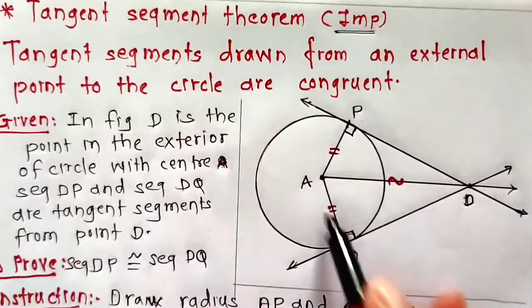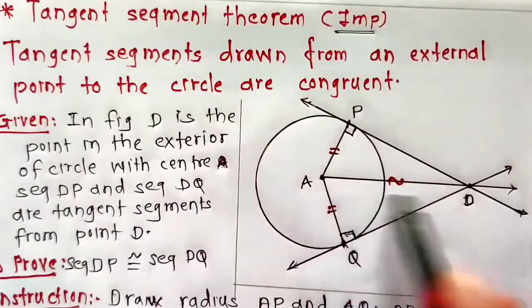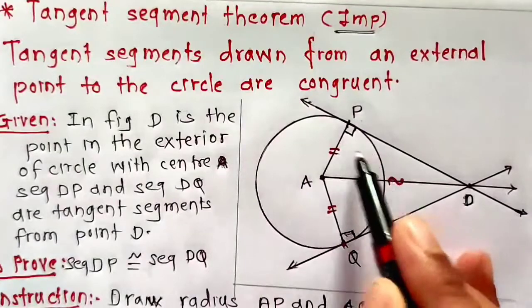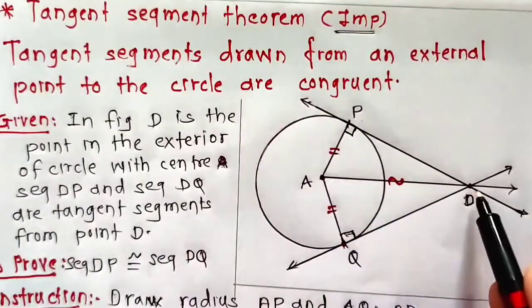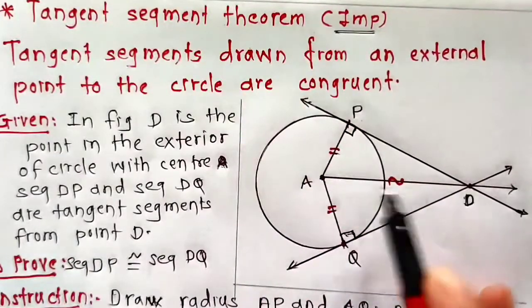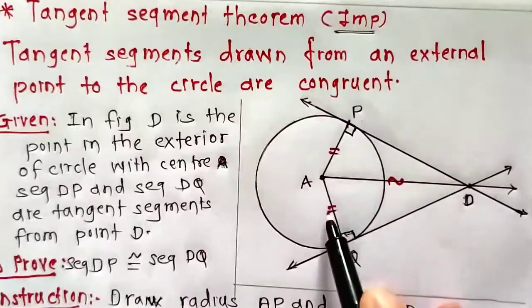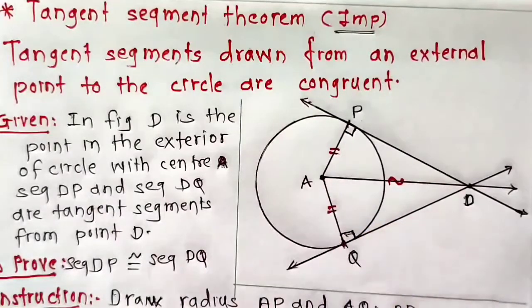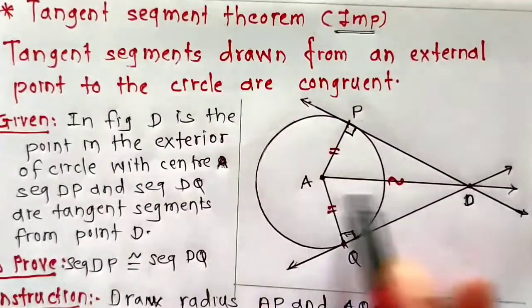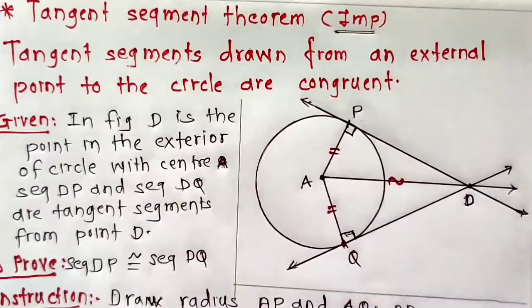Now join AQ and AP, the radii, and AD. Now we get two triangles, PAD and QAD. In these two triangles, PA is equal to AQ, radii of the same circle. AD is congruent to AD, a common side.